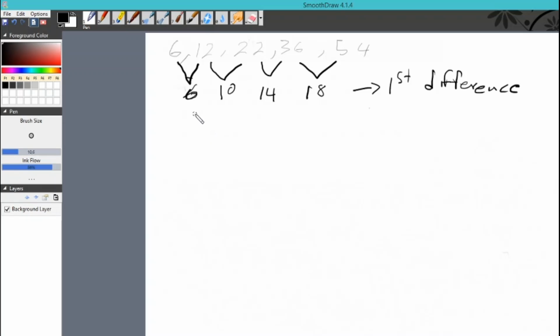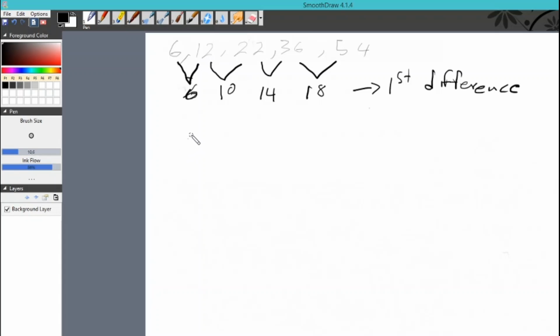Because the first difference is not constant, we see that this is not an arithmetic sequence. Again, it's not a geometric sequence, because term 2 divided by term 1 is 2, but term 3 divided by term 2 is not 2.